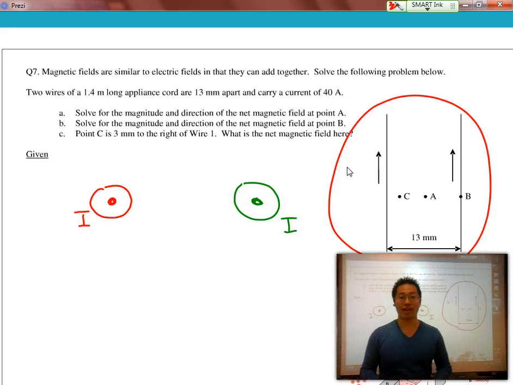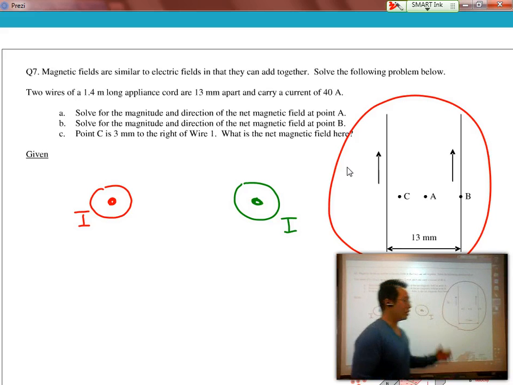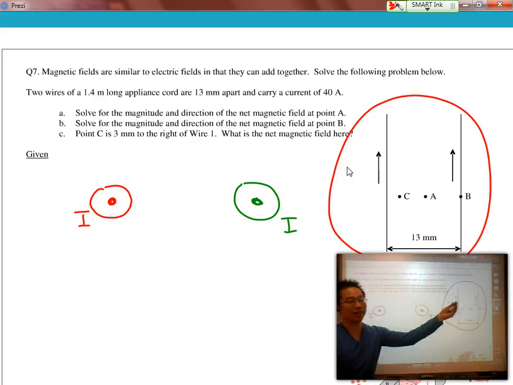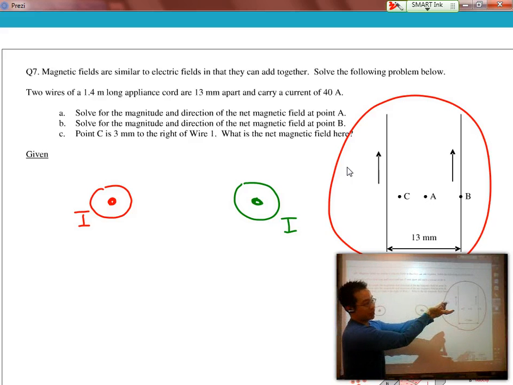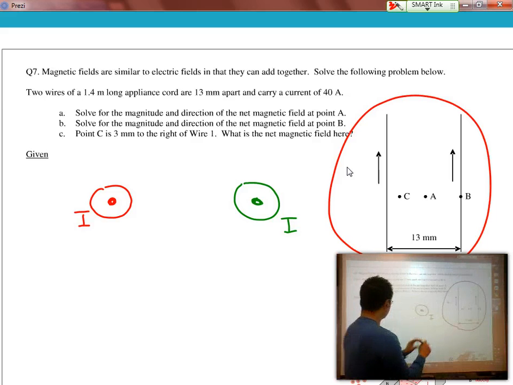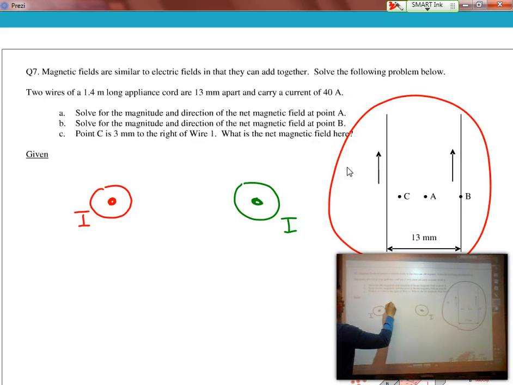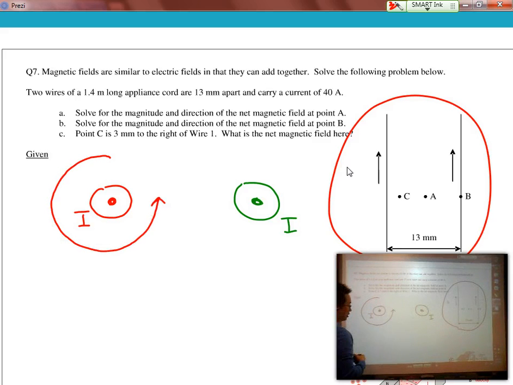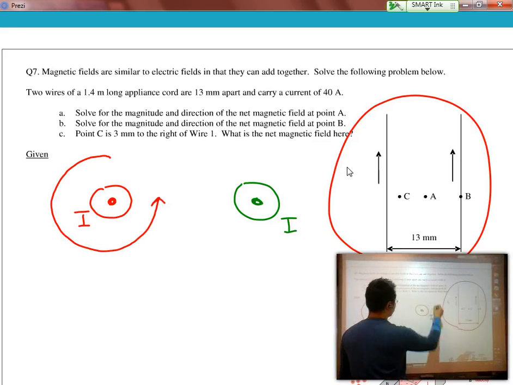So using our hand rules, we would have to draw the magnetic field around this wire that's extending out of the page. Using my hand rule, as my thumb goes out of the page, I can see the magnetic field is circular and my fingers are curling in this direction. So for the first wire, it would look like this. For the second wire, it would look exactly the same.